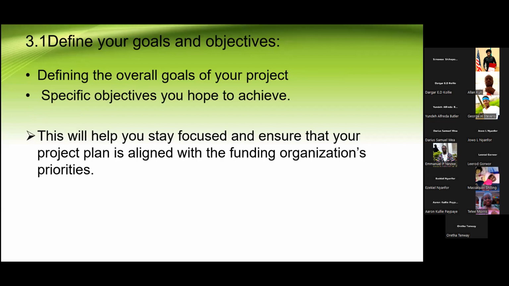Now, when we say define them, your goals must be SMART. Your objectives must be very, very SMART. It must be clear. If you say you want to target 1,000 individuals with ARV services within 2024, that is a very generic goal. It's very general.